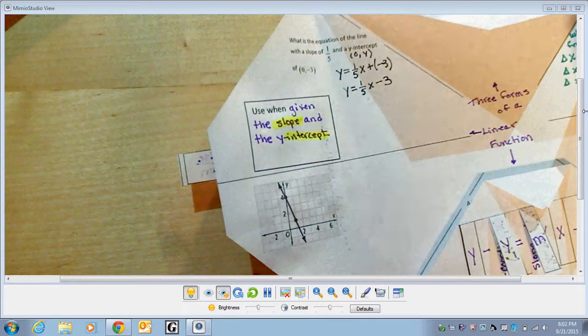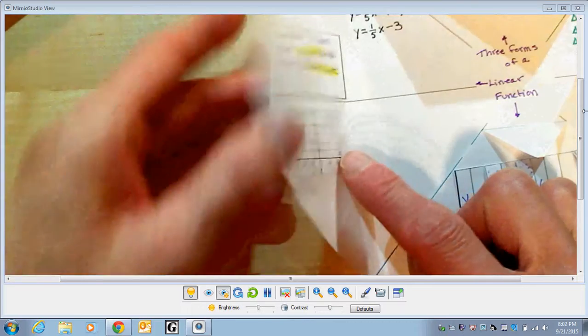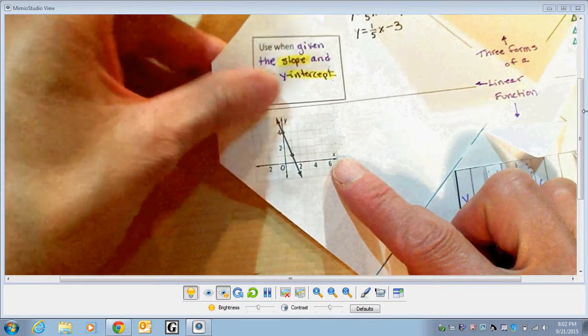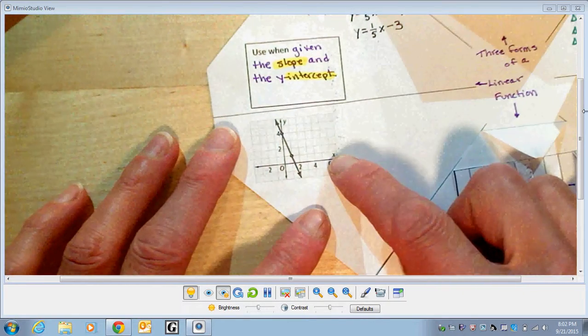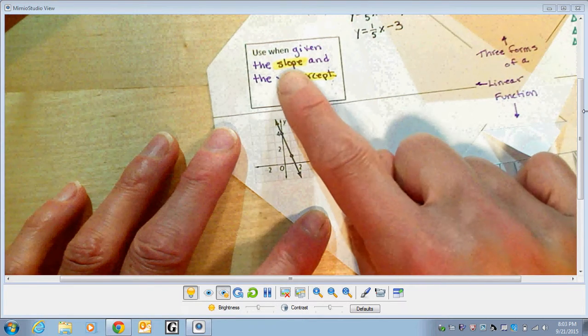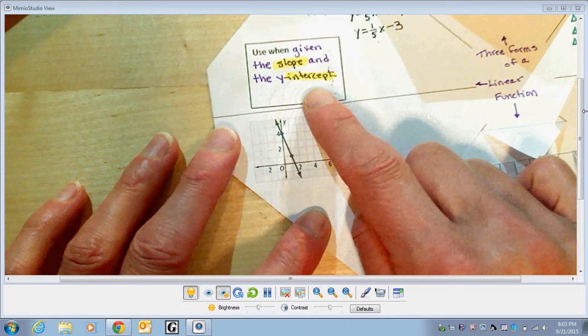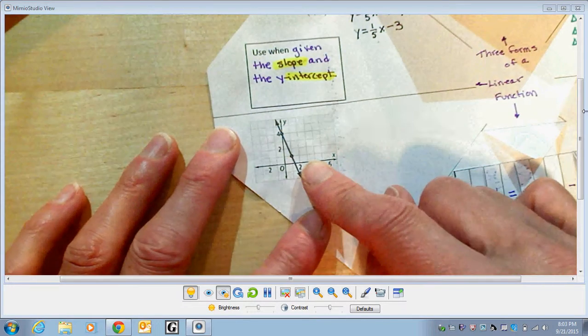Okay. So let's look at it from the point of view if we were given just a graph. So what do we need to know in order to put it in slope-intercept form? Well, we need to know the slope and we need to know the y-intercept. And we can get that right from our graph.